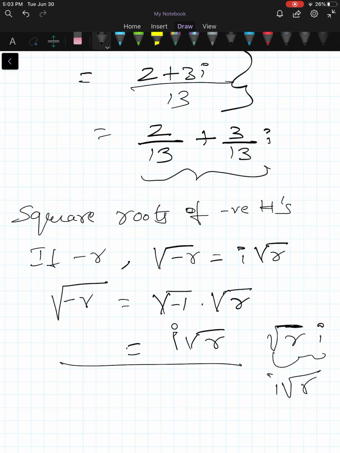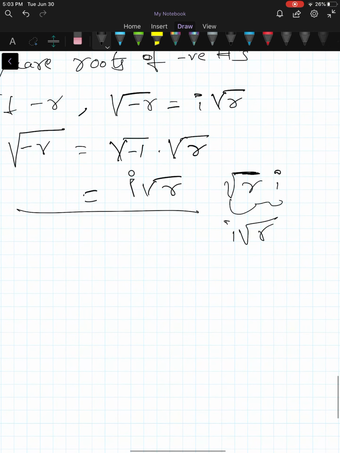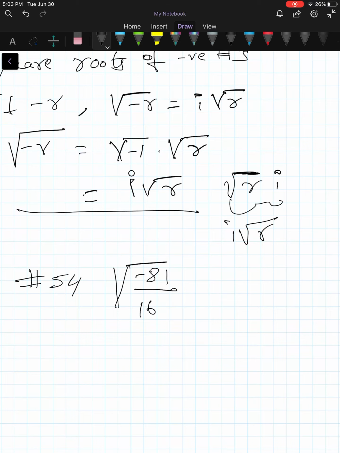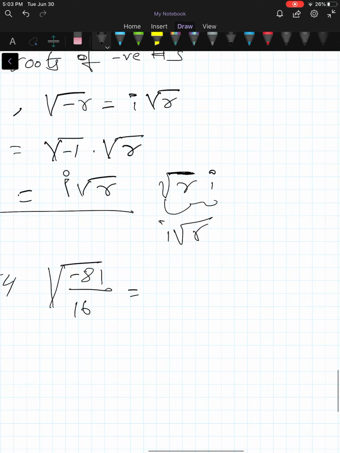Evaluate the radical expression and express the result in the form of a plus bi. Okay, this is problem number 54 in the book. This would be square root of negative 81 divided by 16. So we can actually split the square roots using the rules of square root.